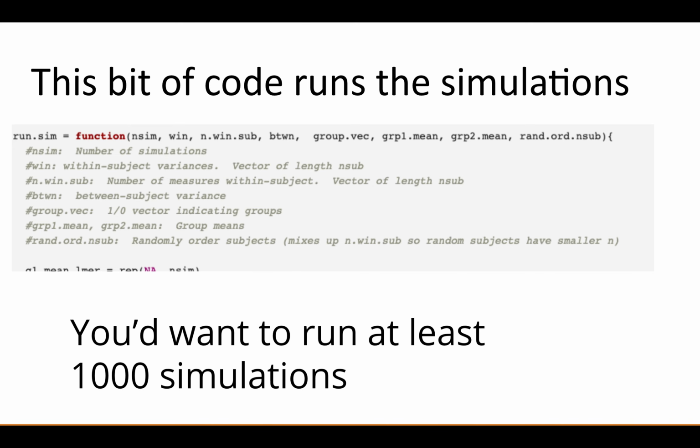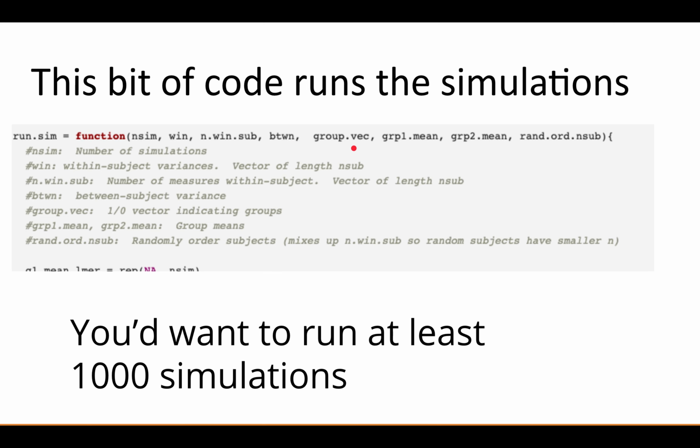Then I have a separate function for running the simulation. So I have to generate 1,000 data sets at least. So that's what nsim is. Otherwise, these are just the variables that get fed into that function I just showed you. Randord nsub, I didn't actually use that here, but this nwin sub vector has the number of observations within each subject, and by default that's ordered to match up with the group vector.